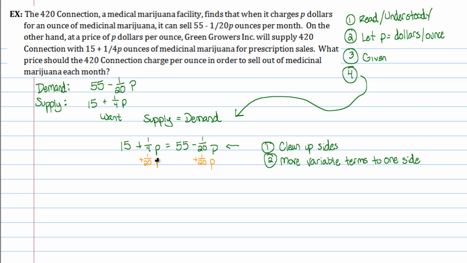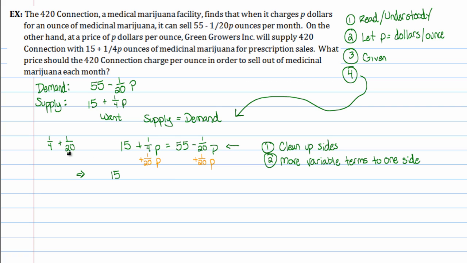Which means I have a little fractional arithmetic. I won't go into my reasoning right now, but there's something I generally do with these problems prior to even doing this step. I'll just wait until we're done with the problem, then I'll discuss it. So we have 1/4 plus 1/20th.